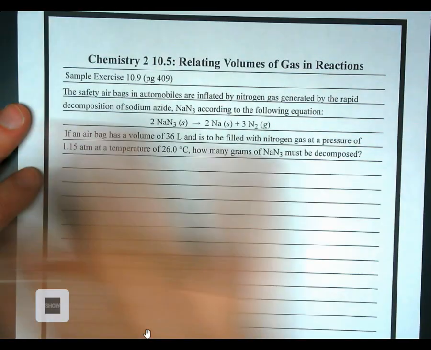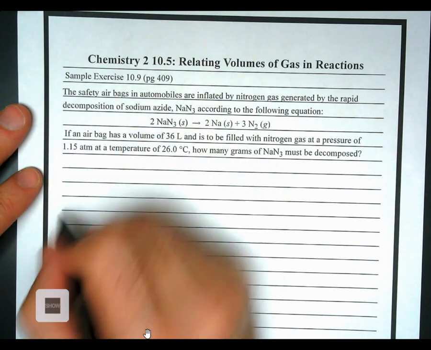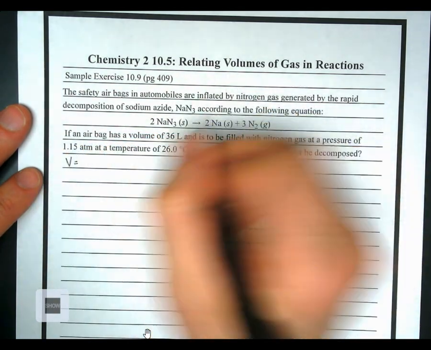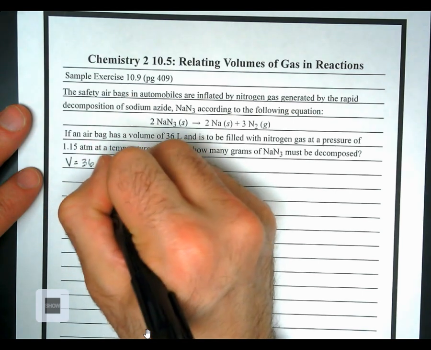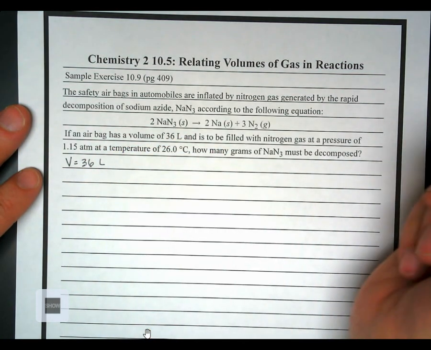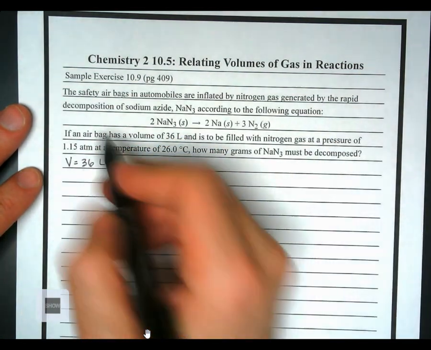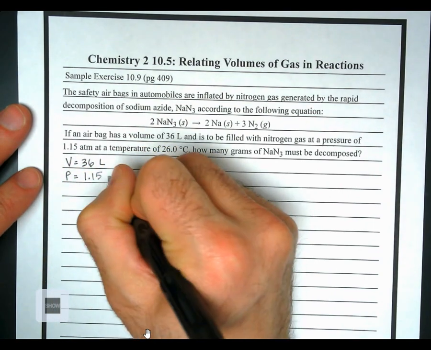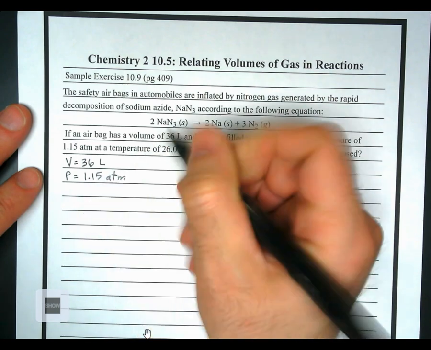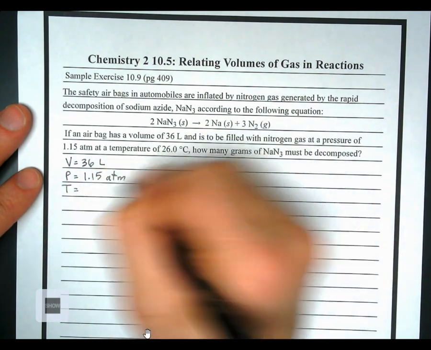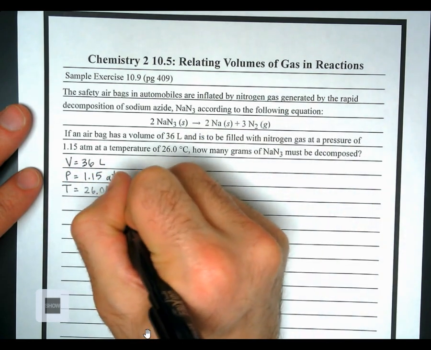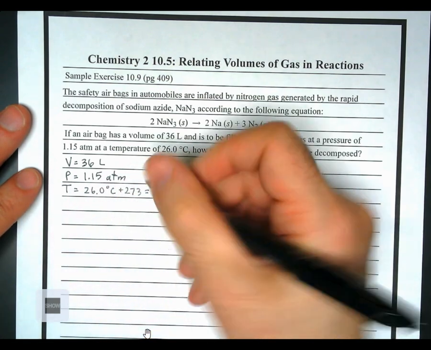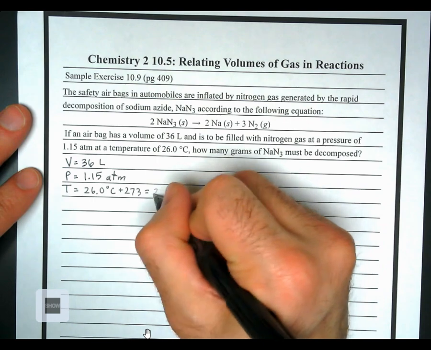So, again, I'm going to organize myself first. I've got a volume of 36 liters. I've got a pressure, 1.15 atmospheres, temperature of 26.0 degrees Celsius, which in Kelvins comes out to be 299.